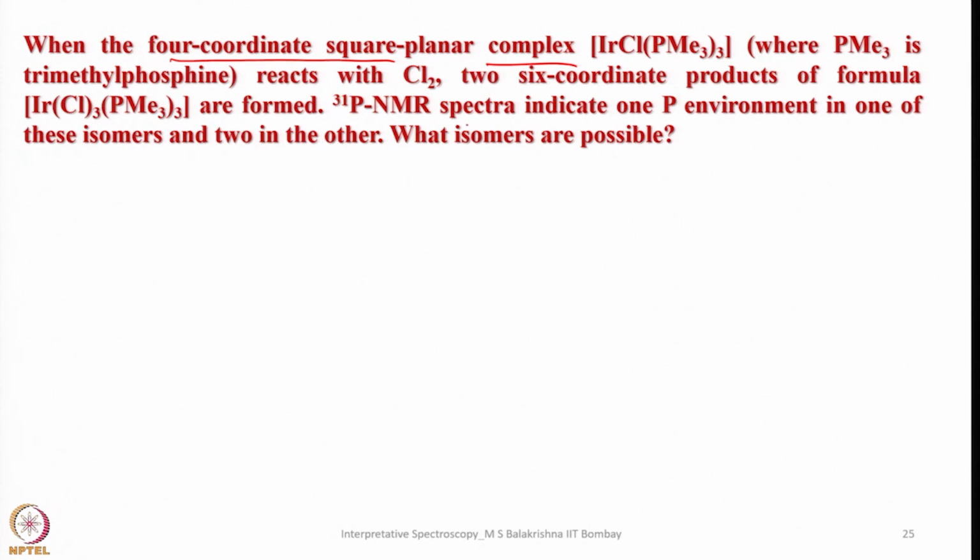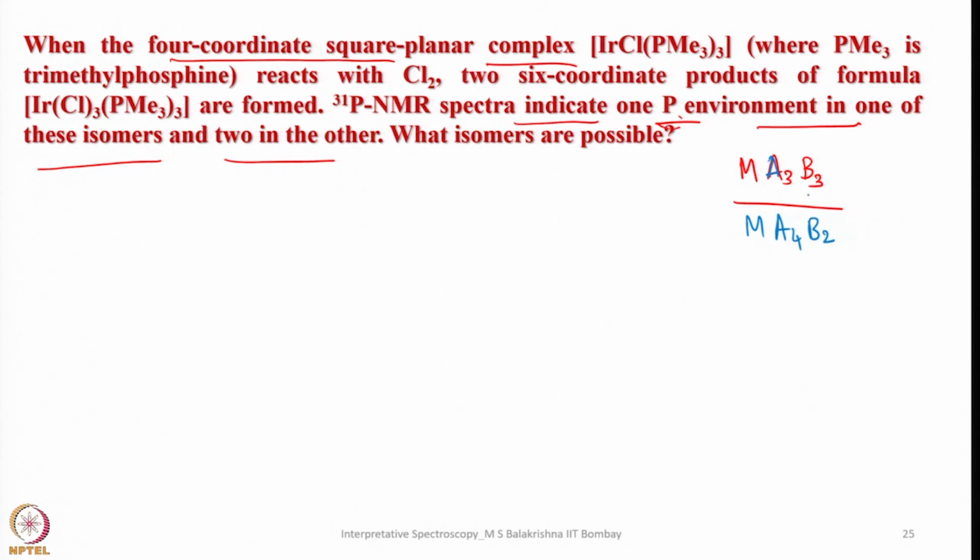So 31P NMR spectra indicate one phosphorus environment in one of these isomers and two in the other. What isomers are possible? When you look into an MA3B3 system, and when we have an MA4B2 system, we know that two isomers are possible in the case of octahedral compounds.